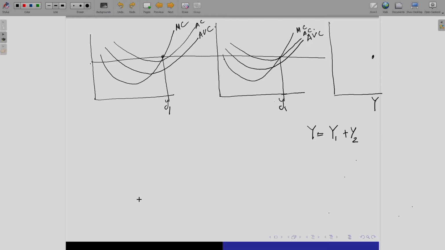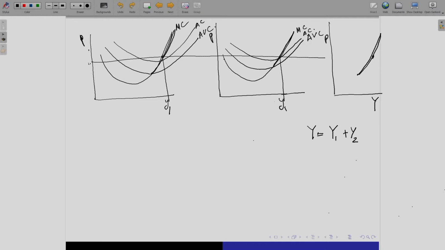Now remember, the supply curve here is only this portion and the supply curve here is this portion. So the market supply is going to be the sum of these two curves at each price. Okay, so it is going to be a curve like this, not the whole of the marginal cost.